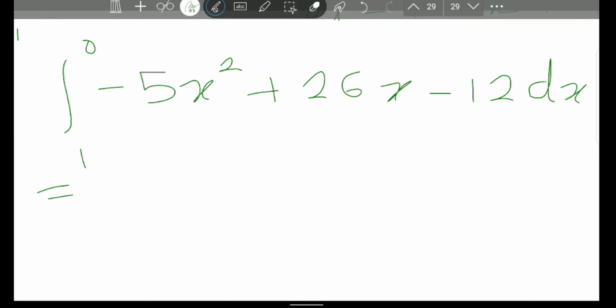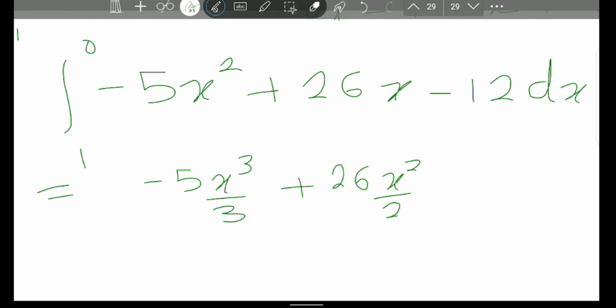Now this is equal to minus 5 into the integral of x squared, which is x cubed by 3, plus 26 into the integral of x, which is x squared by 2, minus 12x. We need to change x from 1 to 0.